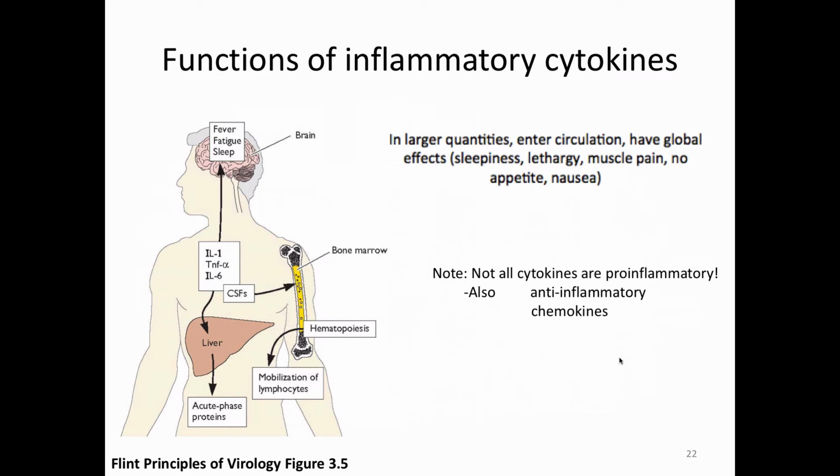They act to shut off the enzyme COX-2 and stop the production of the inflammatory lipids from these cells. So that drug that you take in order to feel better is actively working to block this response.